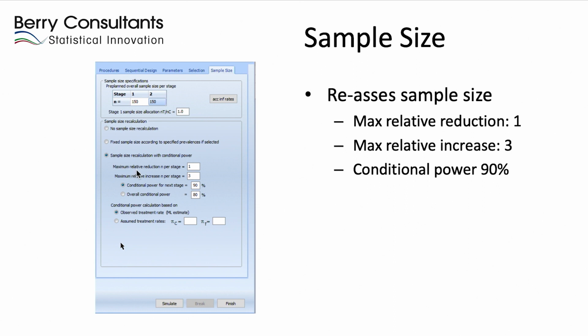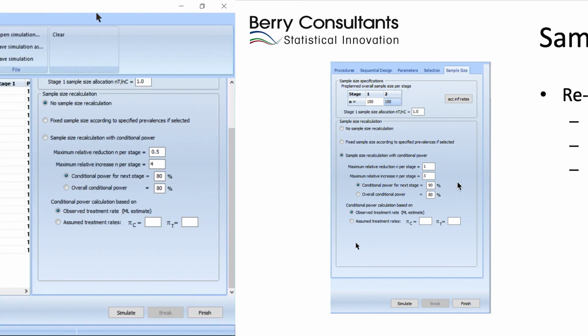We're going to say that the maximum reduction is a factor of 1, so no reduction at all, so we won't allow it to shrink the sample size for the second stage below 150. And we're going to allow it to increase the sample size in the second stage by up to a factor of 3, so to go from 150 to 450 subjects. What we want it to do is a power calculation and set that new size so that we have a power of 90% when we complete the study.